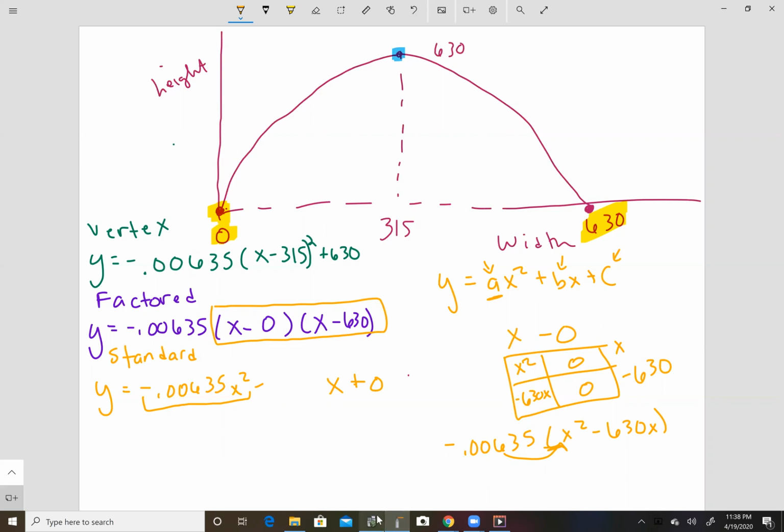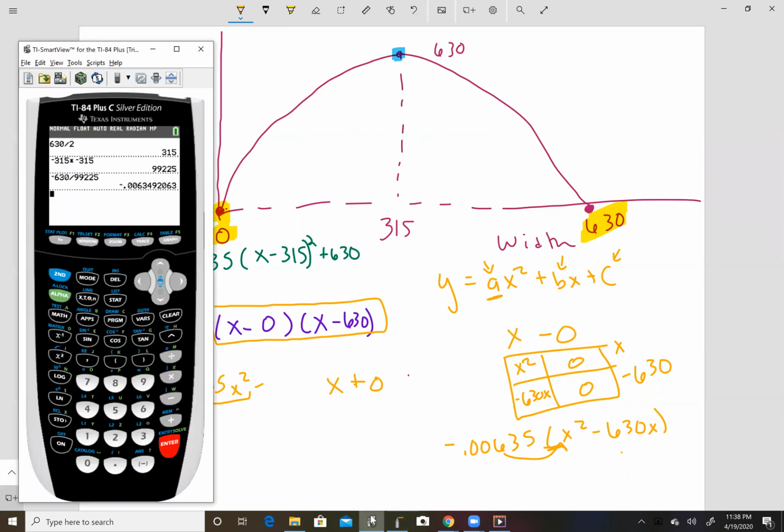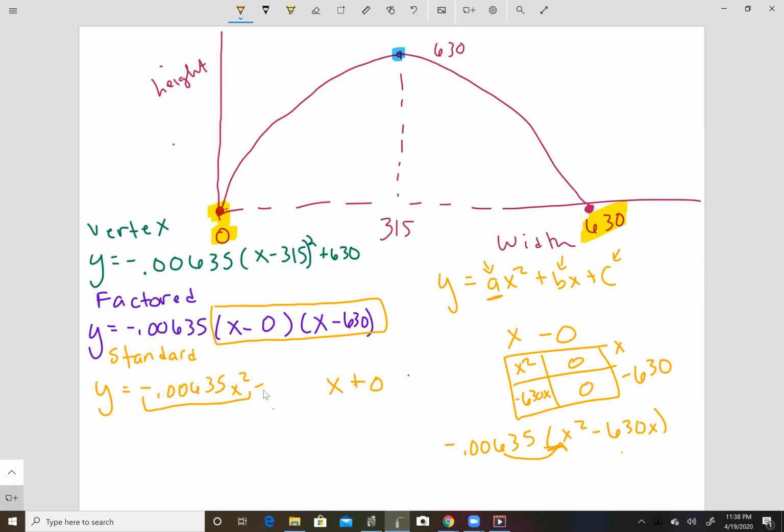So that is going to be times negative 630. I'm going to get, oh, a negative times a negative is a positive. Boom. It's going to be positive 4.